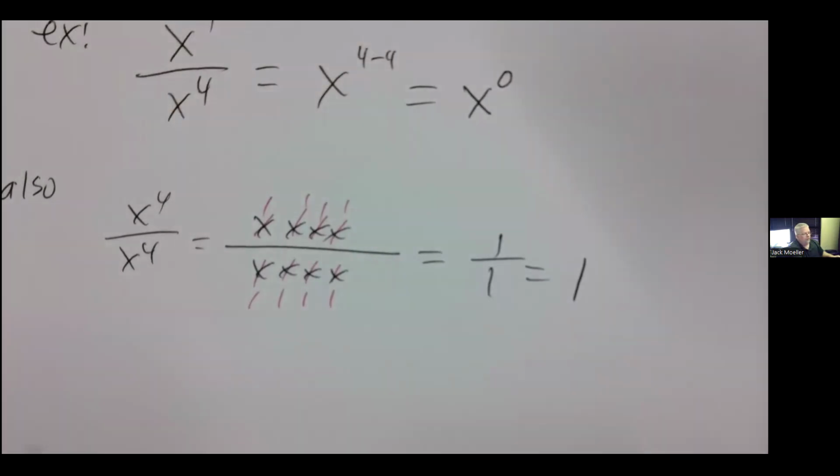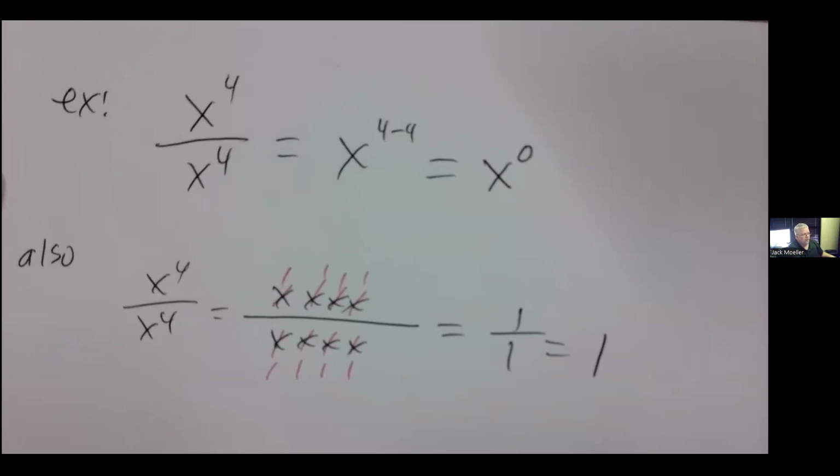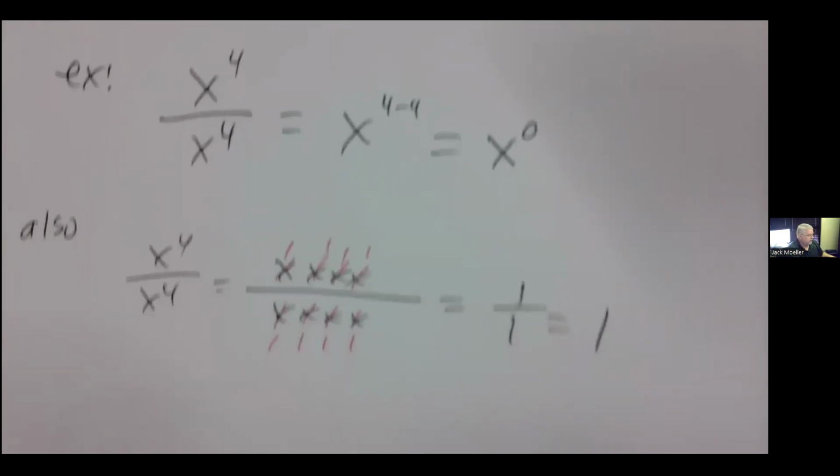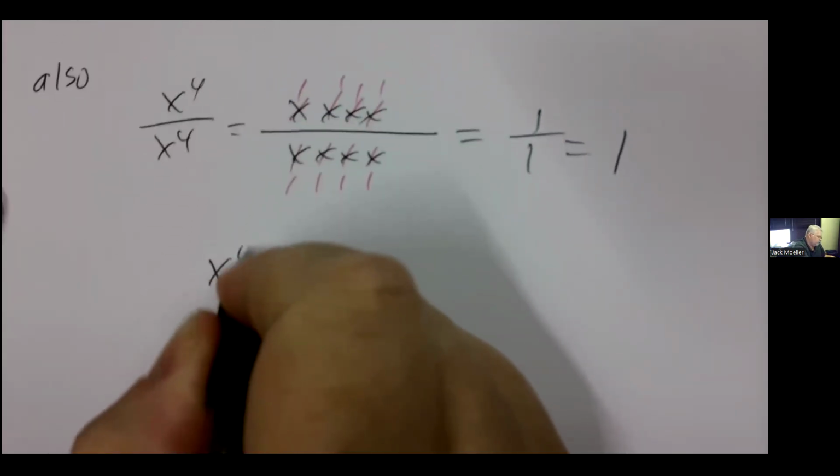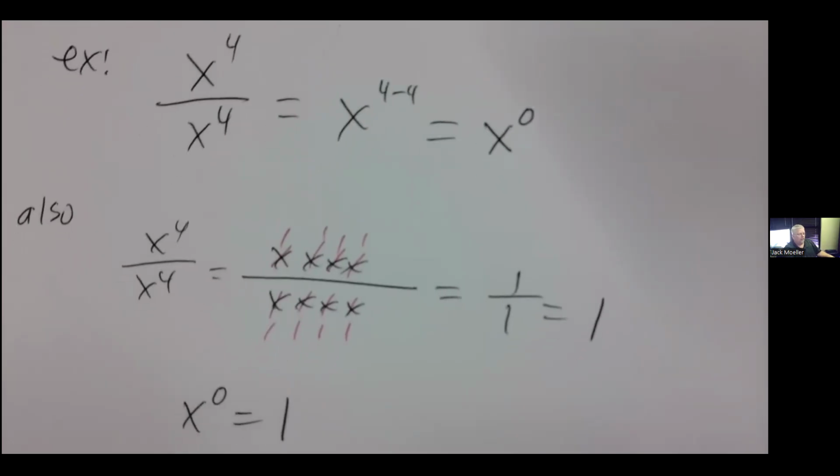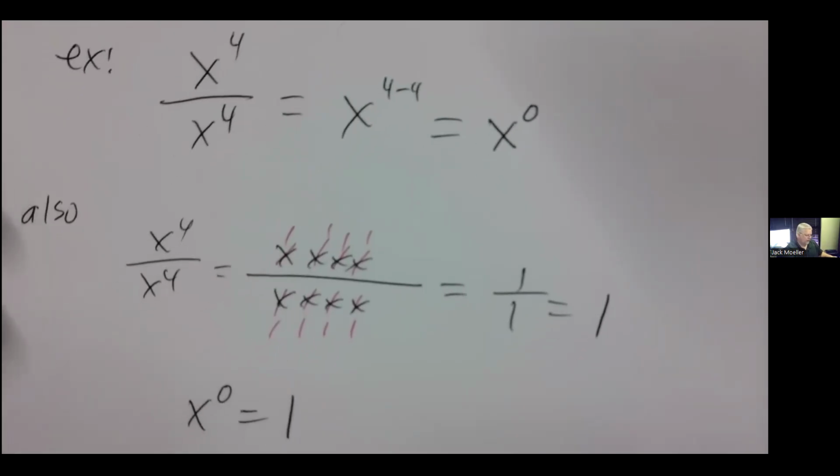All right, so what we've done is we've done this problem 2 different ways, both legitimate ways. We get the same answers. That means the answers are equivalent or equal. So when you have a 0 exponent, what that means is that you're dividing something by itself.